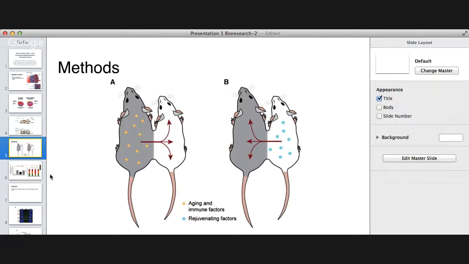So it actually goes in and out from both of the mice, which is very interesting. And there's no actual vein or blood combining sites, should I say.